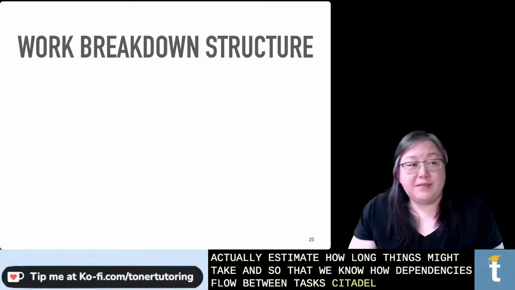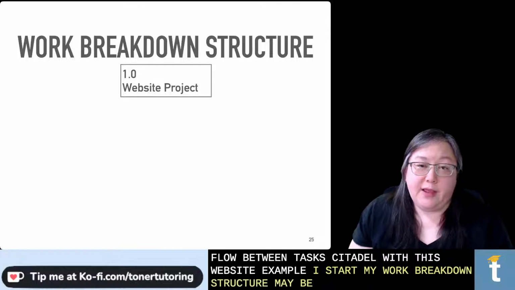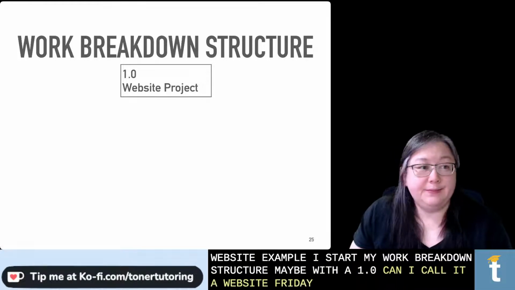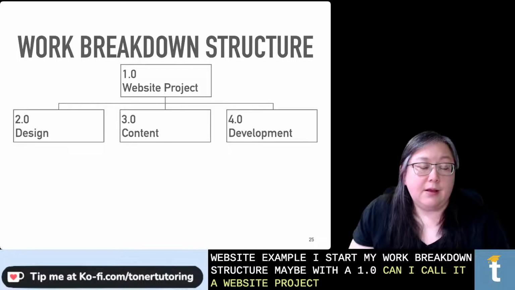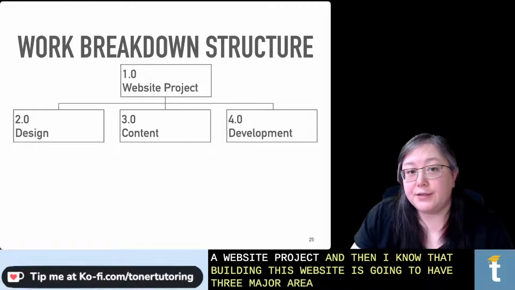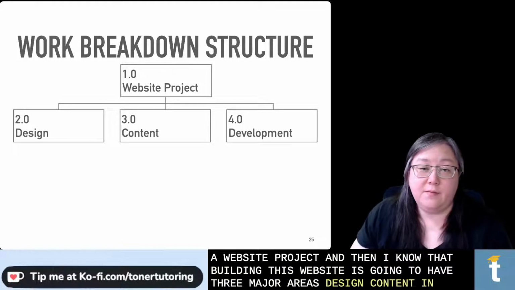So to go with this website example, I start my work breakdown structure maybe with a 1.0, and I call it a website project. And then I know that building this website is going to have 3 major areas. There's design, content, and development.